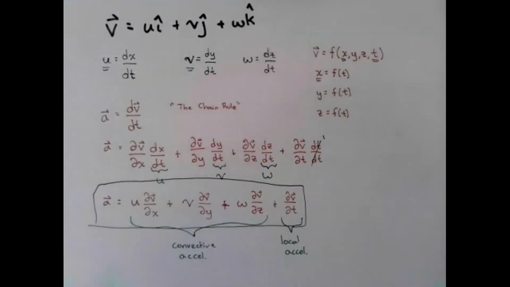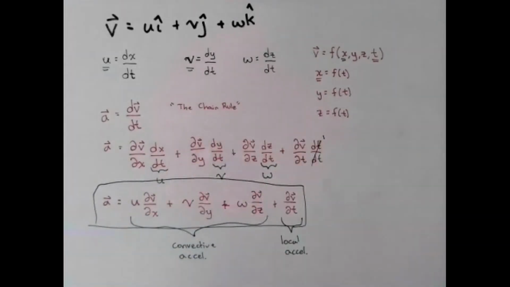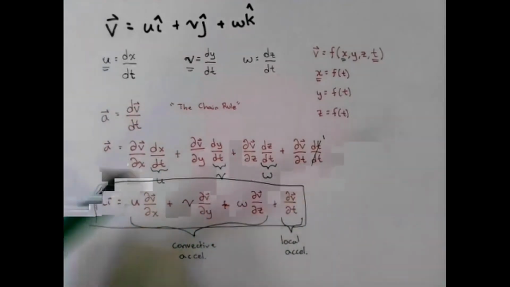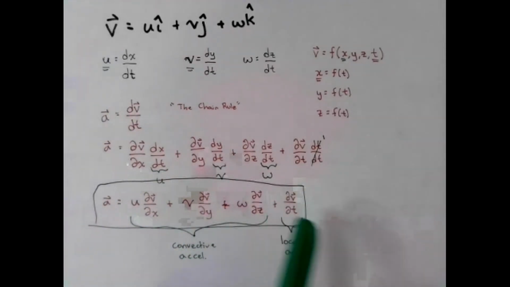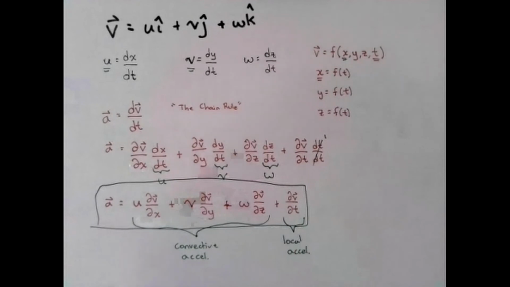Now why these names, right? Local acceleration is called that because if we're following a particle, and wherever this particle goes we follow it, without caring where it is, just caring about the particle, then the acceleration of the particle is essentially ∂v/∂t, and that's the local acceleration.